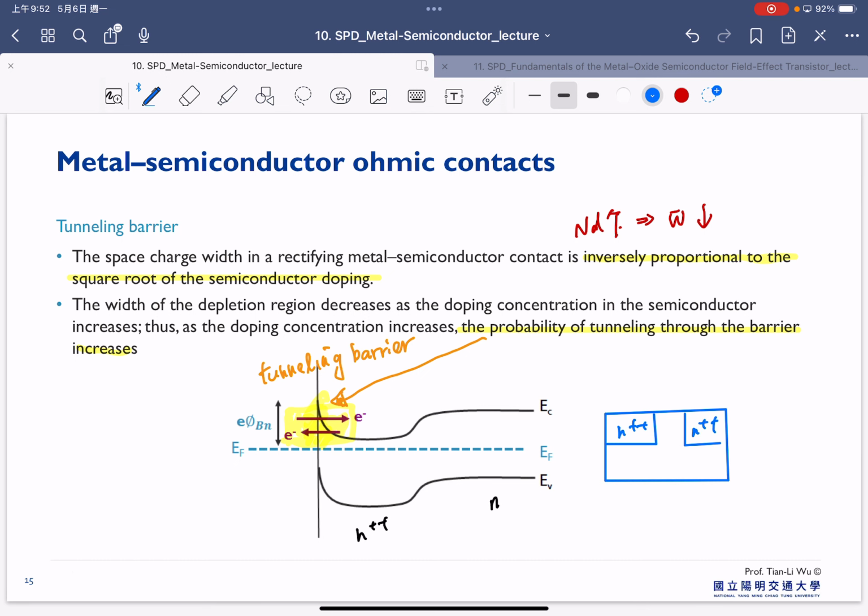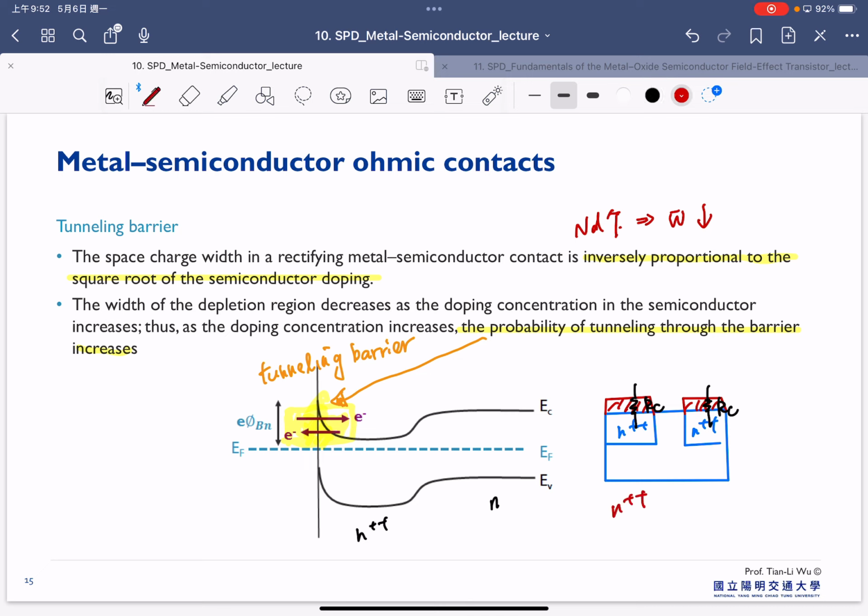This is because we actually want to have a very low RC between the metal and semiconductor.